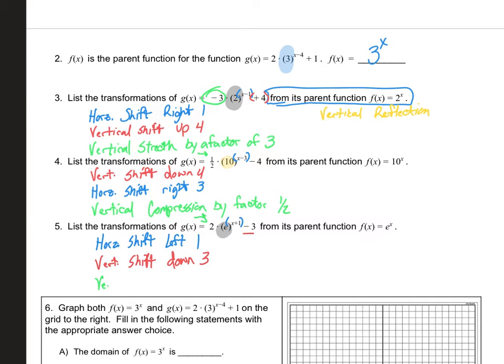The 2 in front is outside the parentheses, which makes it vertical. It is multiplication, which makes it a stretch because that value is outside of 0 and 1. So we have a vertical stretch by a factor of 2.